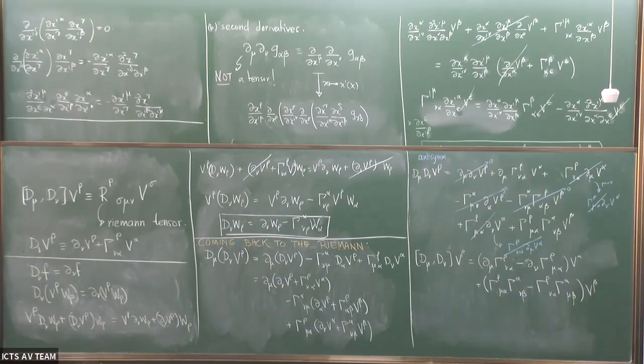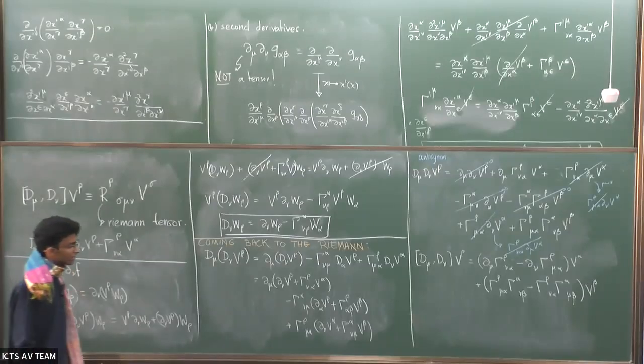And another thing you can directly see is that the mu nu exchange is antisymmetric here, right? Because commutators are antisymmetric. So you've already gotten one of the symmetries of the Riemann tensor. The other symmetries we'll see.